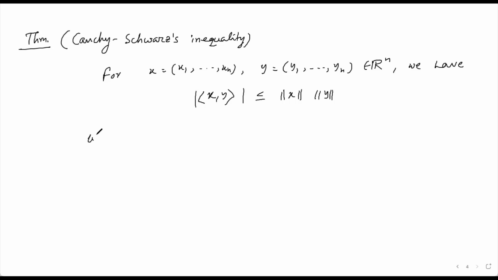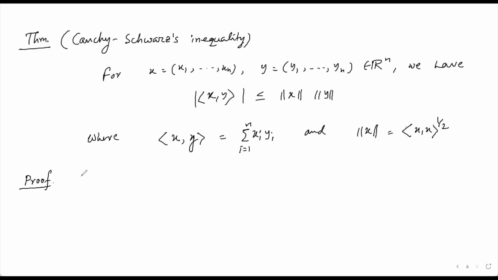Where the inner product of x comma y is equal to the summation over i equal to 1 to n of xi times yi, and the norm of x is equal to the inner product x comma x whole power half. This is called the Cauchy-Schwarz inequality in Rn. Now we prove this theorem.